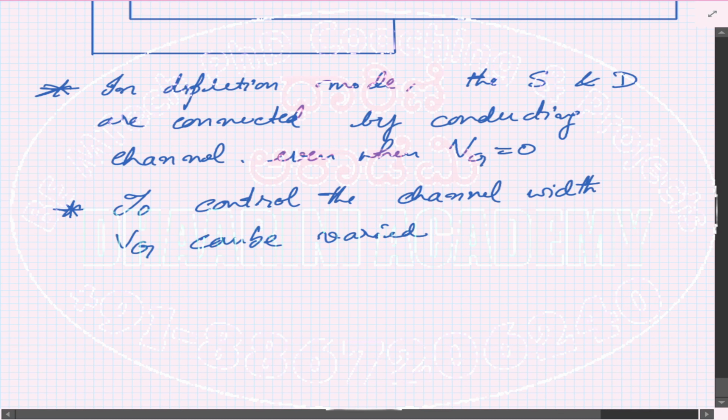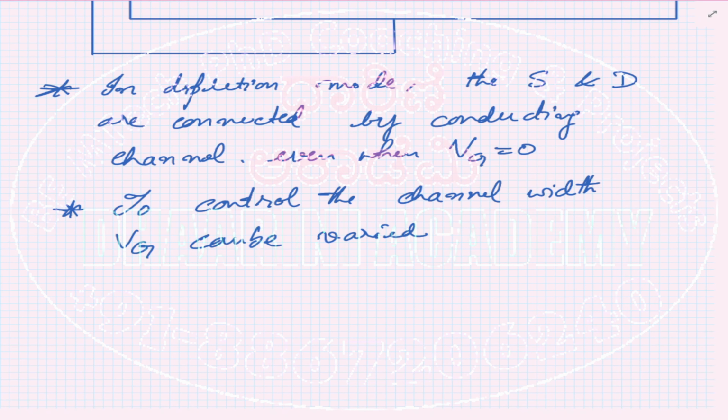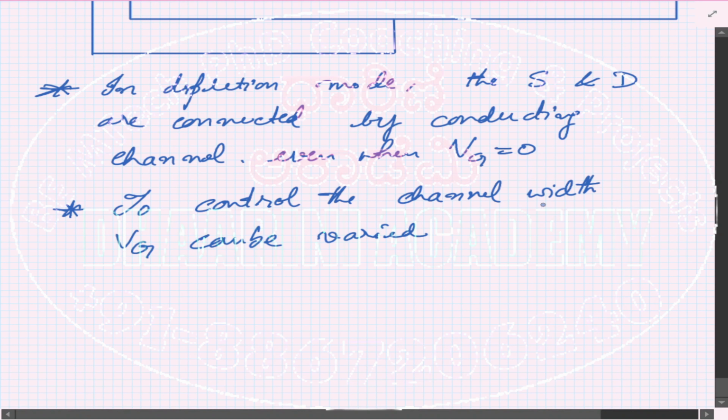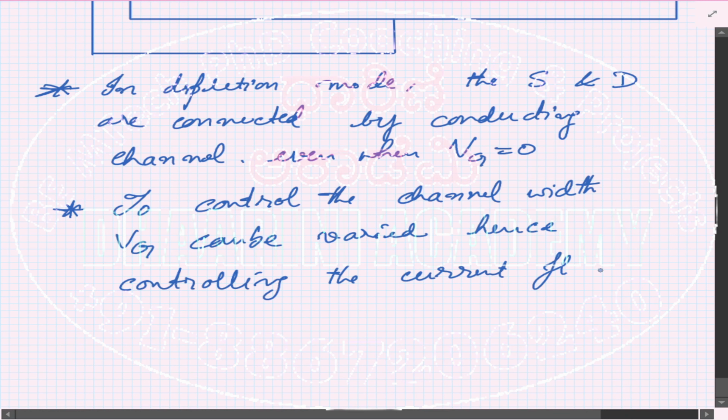So this variation of gate voltage allows the control of the current flow between the drain and source. So the channel width can be varied, hence controlling the current flow between drain and source.